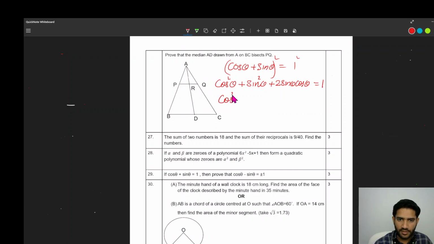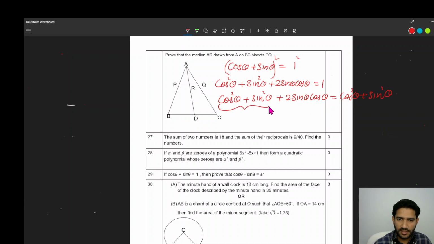So cos square theta plus sin square theta plus 2 sin theta cos theta equal to 1. I'm taking cos square theta plus sin square theta, and I'm taking this 2 sin theta cos theta into the right side.